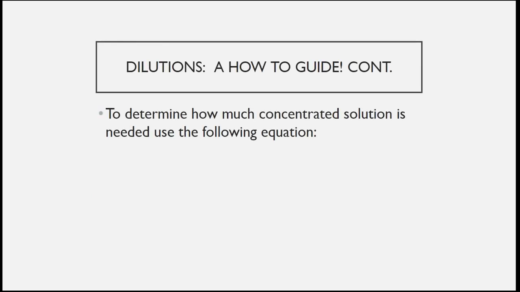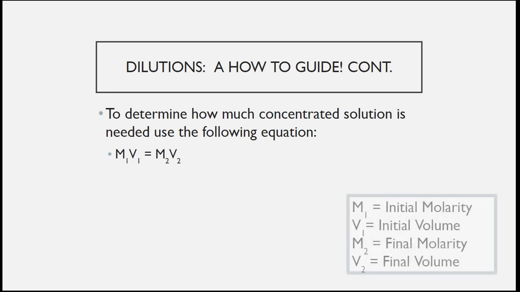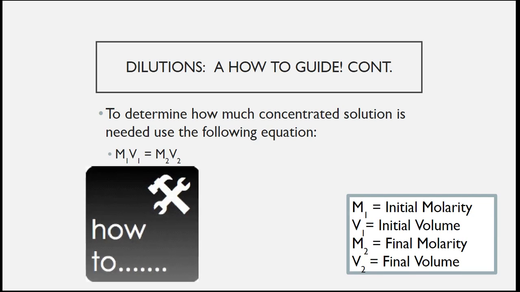Okay, so first, to determine how much concentrated solution is needed, we're going to use the following equation: M1V1 equals M2V2. M1V1 is your initial molarity and the initial volume you have, and M2V2 is your final molarity that you're looking for and your final volume.